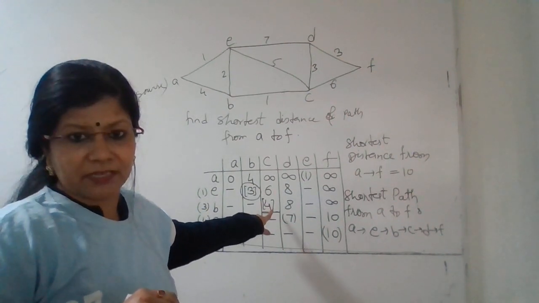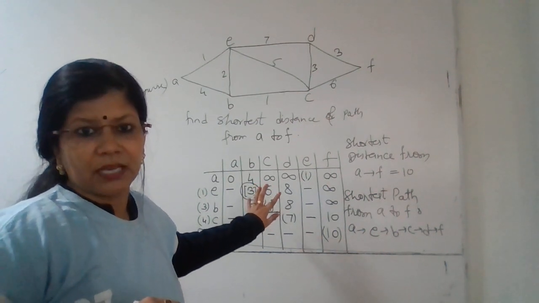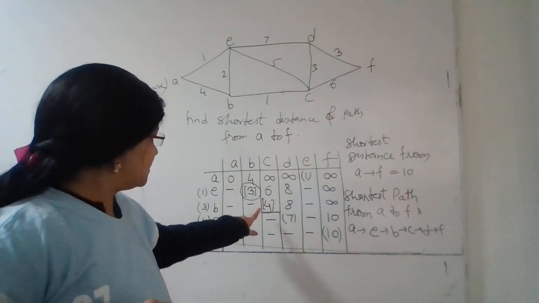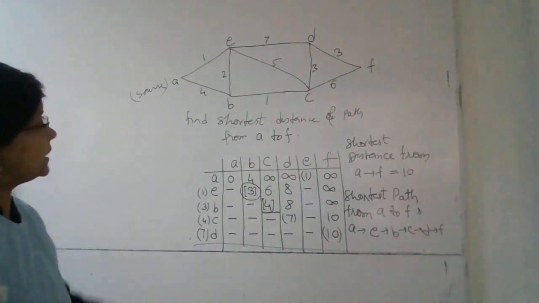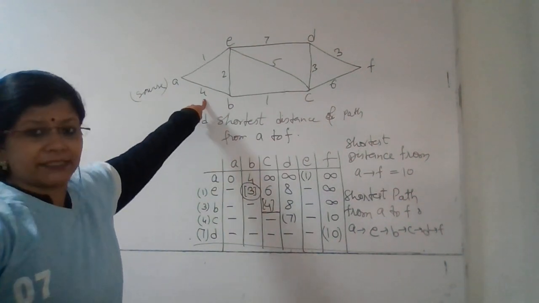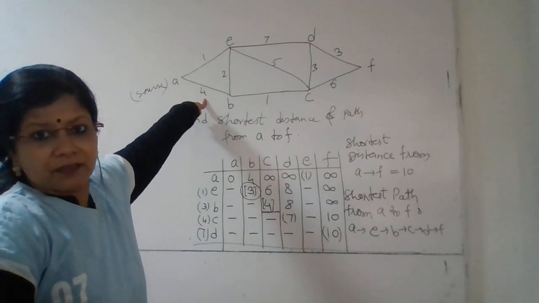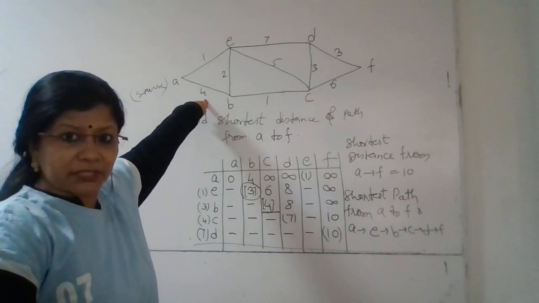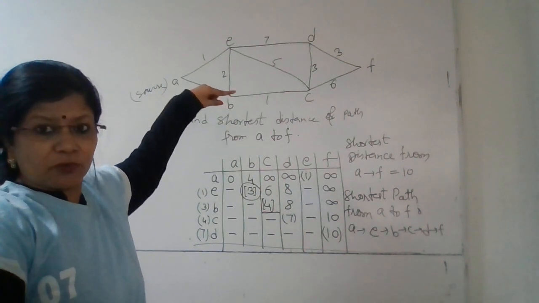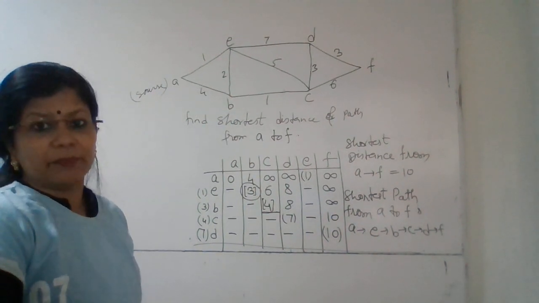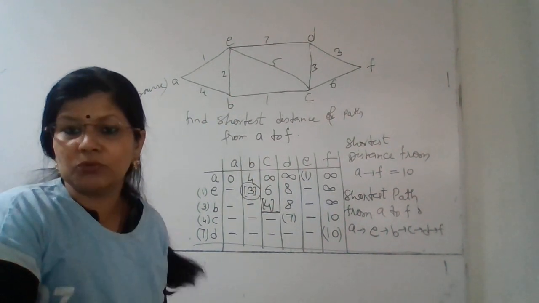Minimum value from A to C is 4. Minimum value from A to B is 3. Clear that A to B is directly connected, but the value is more than 3. That means A to B directly is 4, but if we move A to E and E to B, we have value 3.